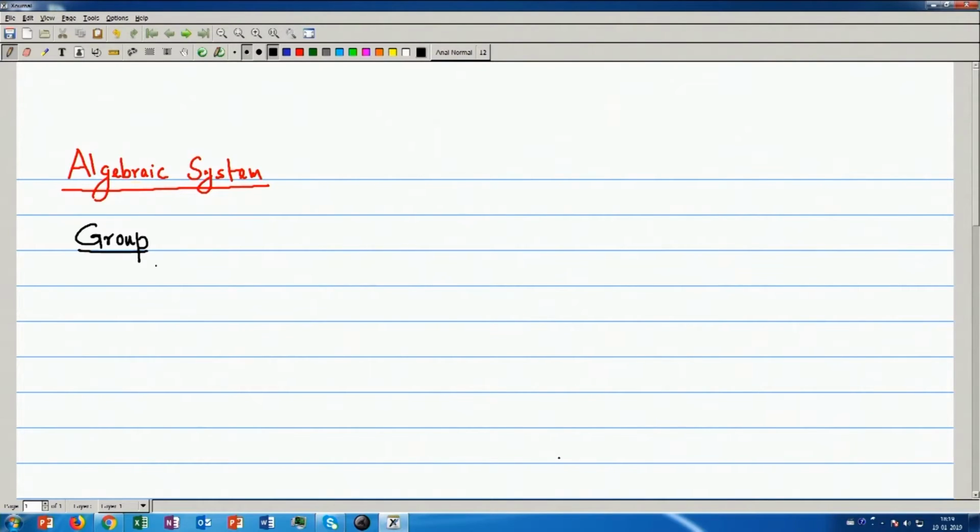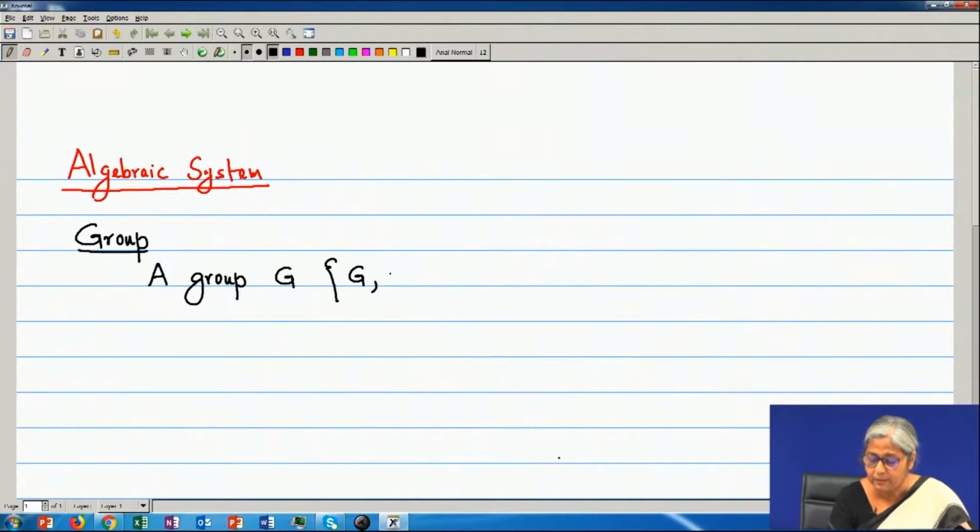In addition, if it has the inverse element, then we will call this a group. So, we write a group with the notation G, where G is the set of elements and dot is the operation.